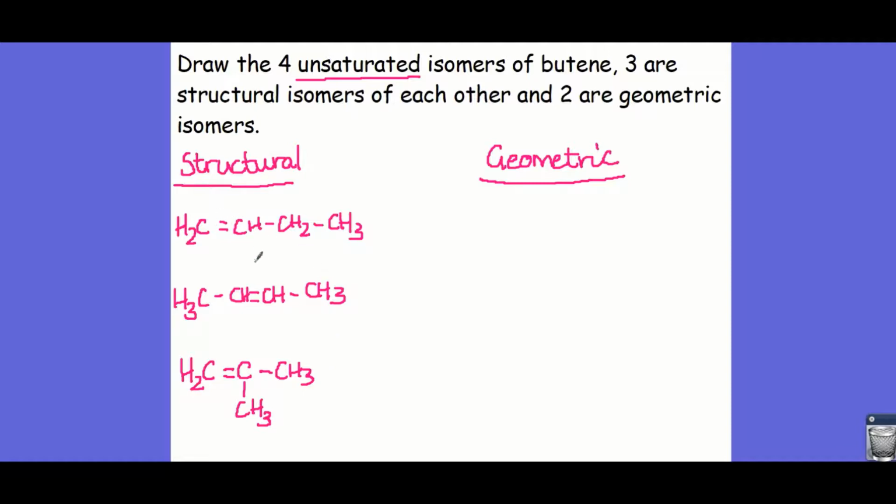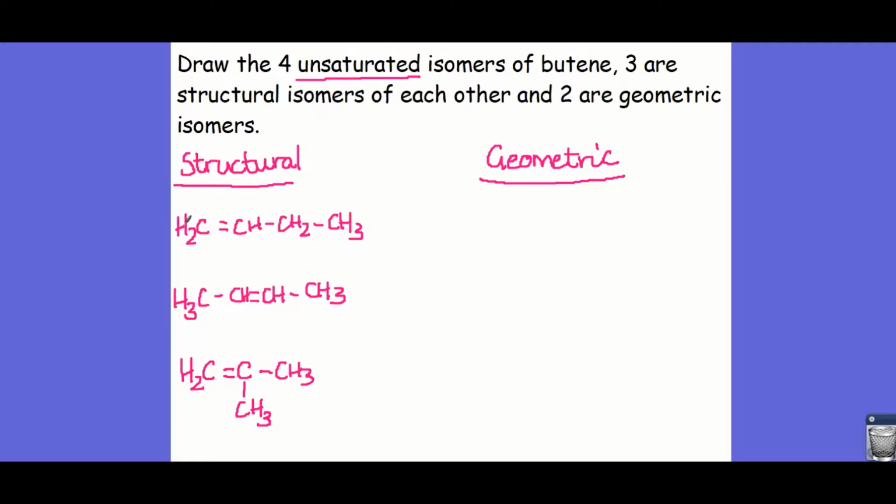So let's look at which one of these may have a geometric isomer. Now, we need to concentrate on the double bond here, okay? Here we have our 2 carbons in the double bond. If we look at this first one, this carbon has 2 hydrogens, this carbon has a hydrogen, and then this, let's class it as an ethyl group.